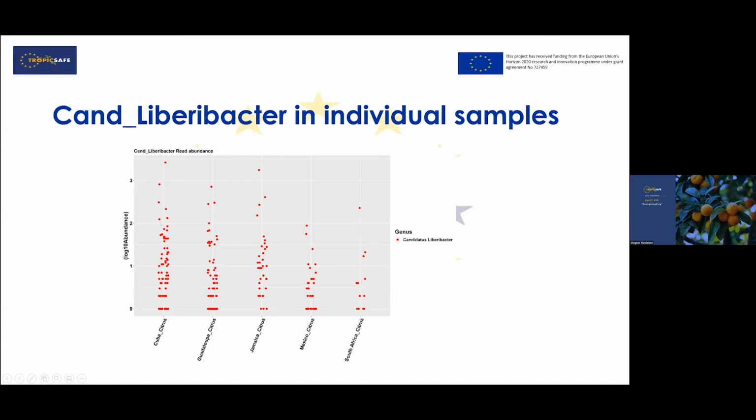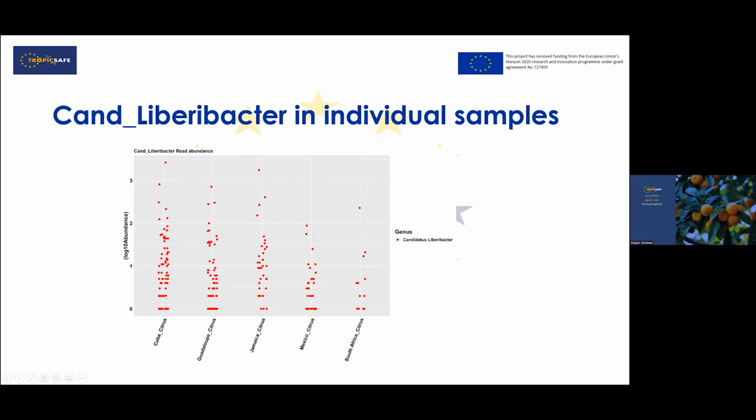Some samples, up here, have around 1,000 reads within one sample of Liberibacter sequences. So we have the whole distribution from very, very few to up to 1,000.